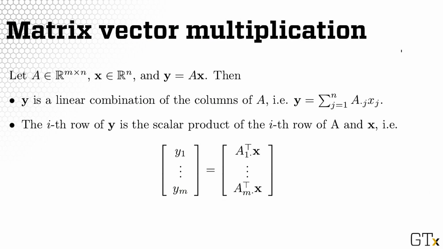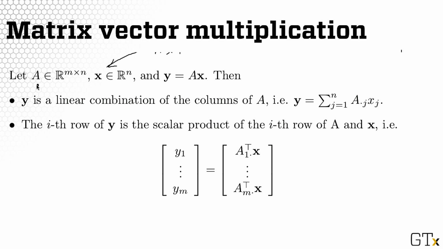Okay. So let's now talk about matrix vector multiplication. If I have a matrix which is an m by n matrix and I have an n-dimensional vector, one way to think about this vector is as an n by 1 matrix.